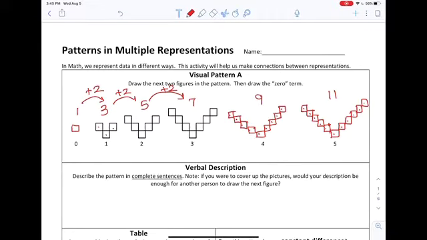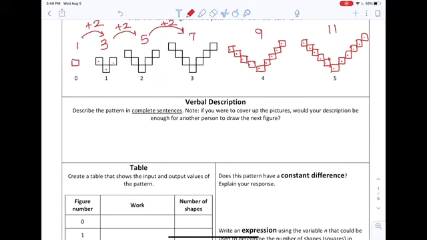Okay. Now let's move on to the verbal description. It says describe the pattern in complete sentences. So if we were to cover up the pictures, how would we describe for another person to draw the next figure? As I told you before, the pattern seems to be that we are adding 2 squares to each corner of each figure.